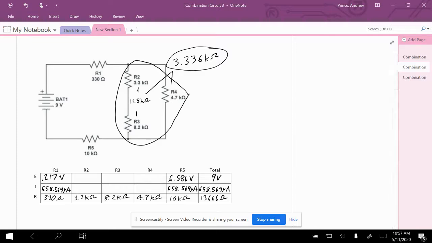All right, now we know that this other resistor, which is a combination of the others, is going to have the same current because this value is in series. So if we multiply the current by the resistance value, we get 2.197 volts.